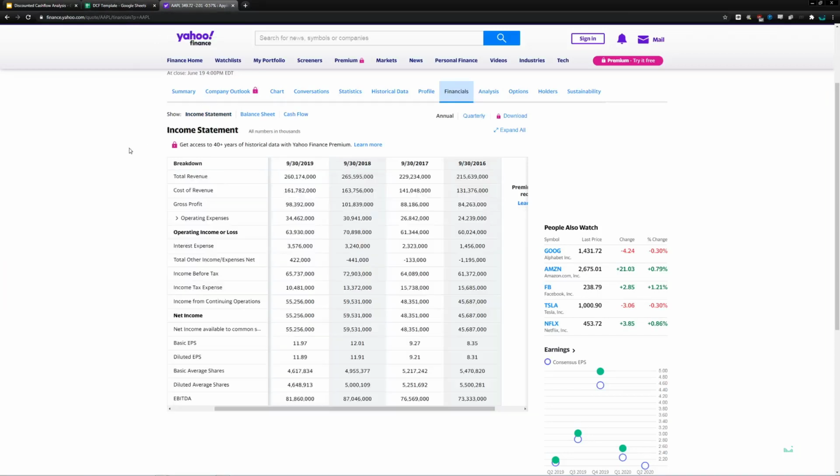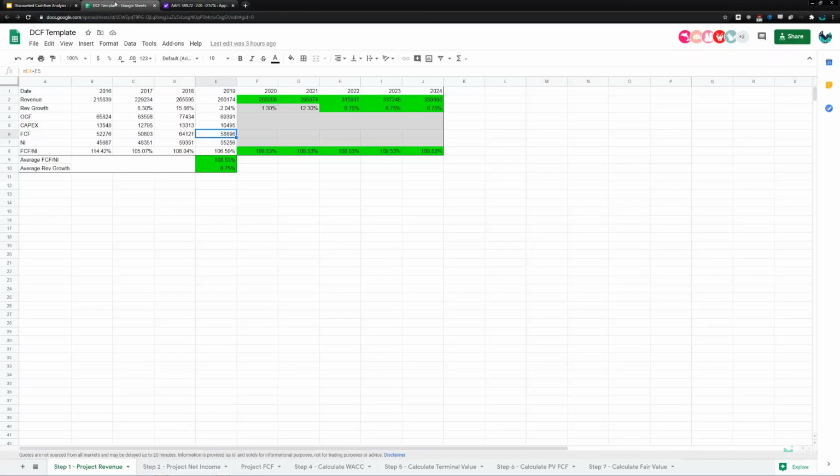If you look at the income statement and then pull in net income from 2016 until 2019, that's right here. And then all I had to do is divide free cash flow by net income.